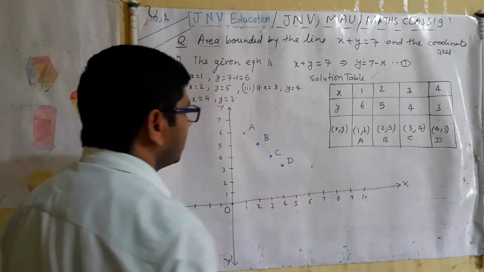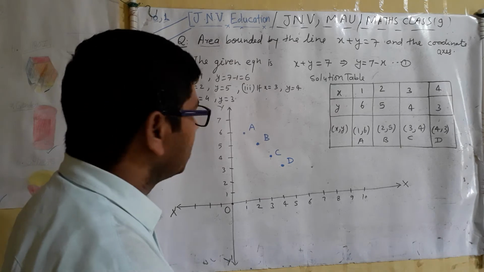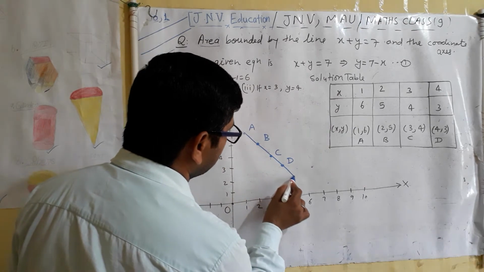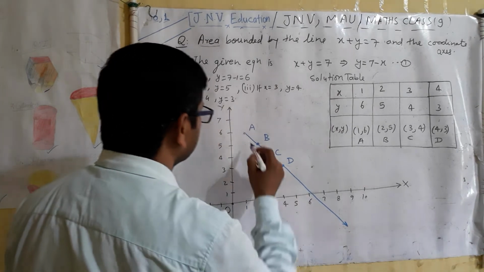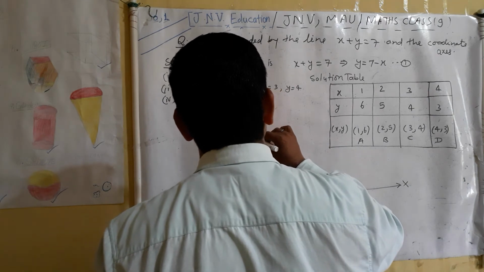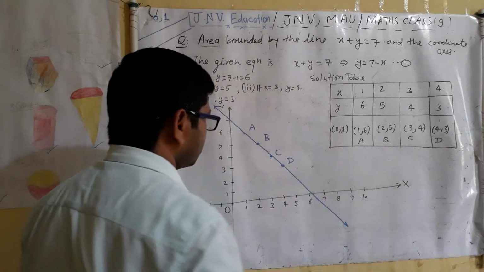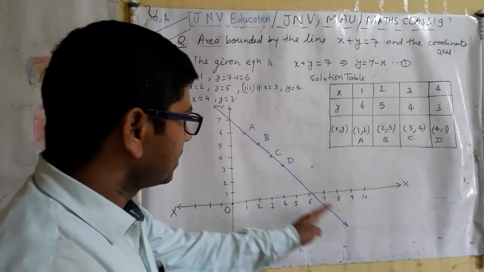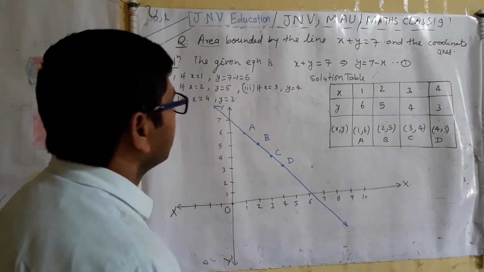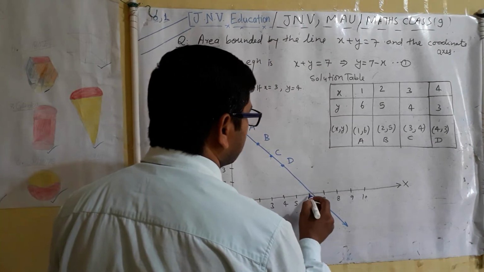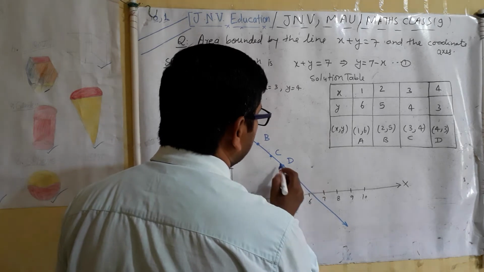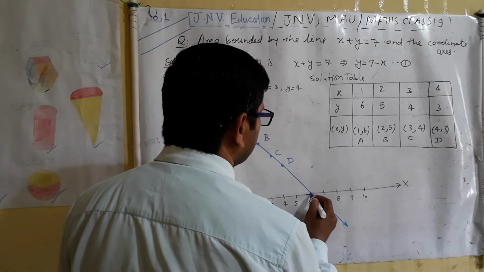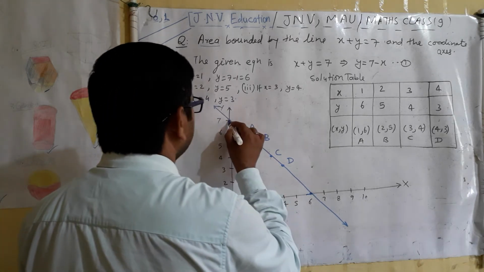With the ruler, if you connect these points, you will get a line like that. With the ruler, if you draw this, extend this graph in both directions, you can see that approximately this line intersects at 6 and here at 7.